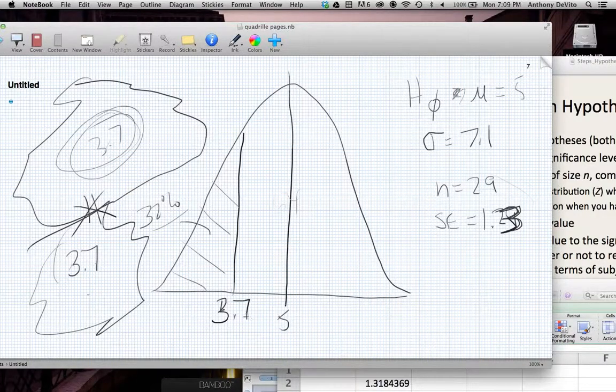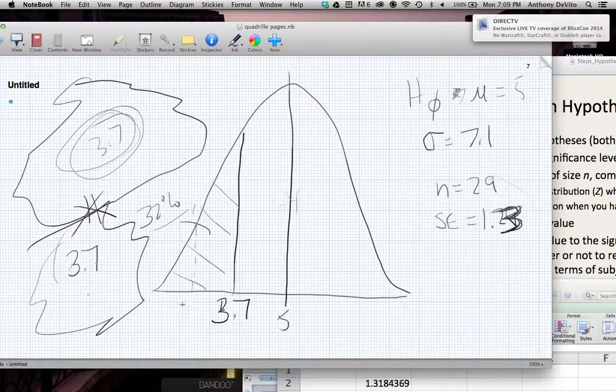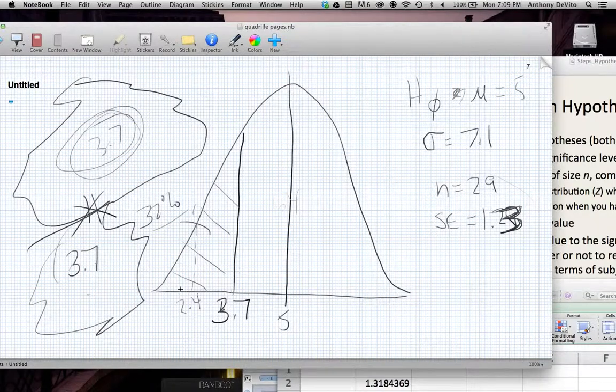So now what if I had said that instead of 3.7, let's say I had gotten a value of 2.8. No, I'm sorry, 2.0. Only a 2 pound weight gain, right? Well, how often would that have come up here in the original population?